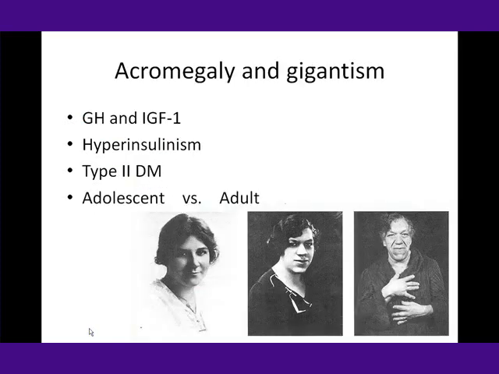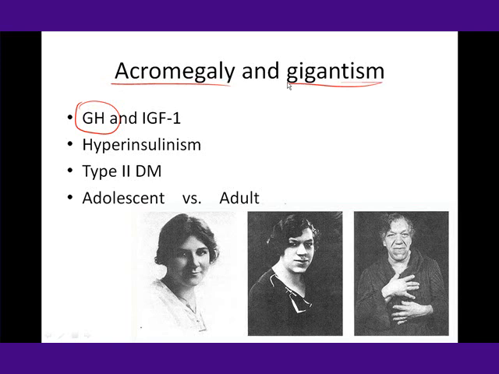So as promised, I told you I'd talk to you about a couple of different examples. I'm going to talk about one in which growth hormone is manufactured in excess. There are two different disorders that can develop if growth hormone levels are too high, and these are acromegaly and gigantism. These two conditions arise at different ages.